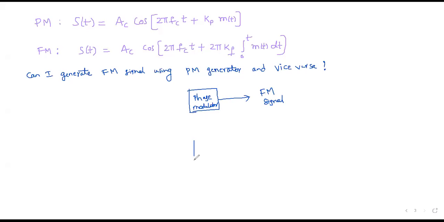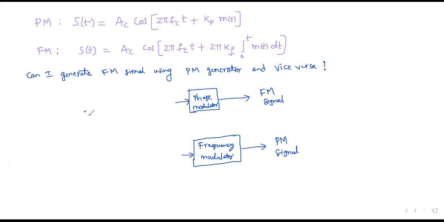Similarly, I give you a frequency modulator, but at the output I want a PM signal. Can I do that?